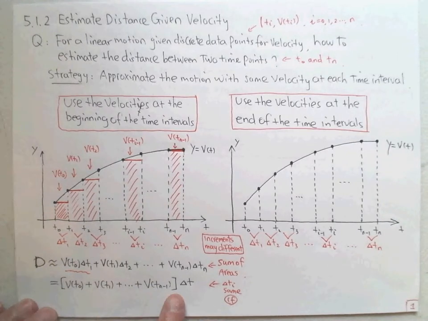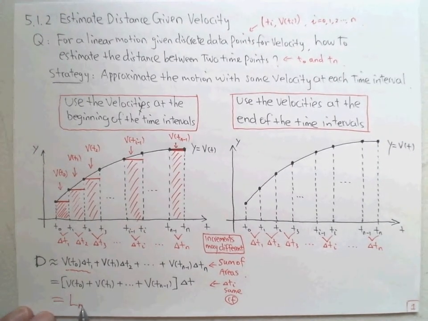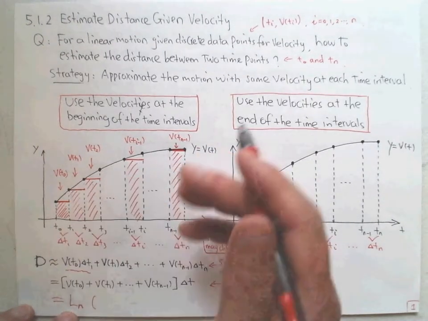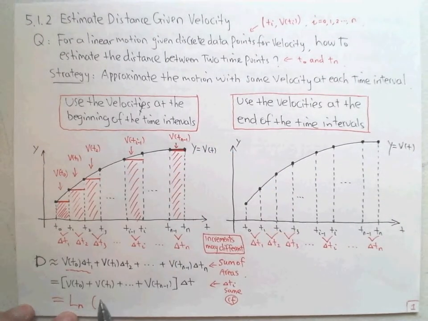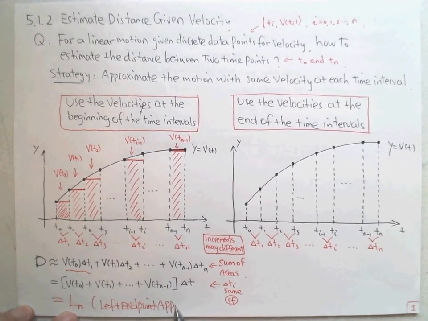So everyone look at this. Okay, so that's exactly the formula for what? It is the formula of L_n, right? This is exactly L_n. It means L_n is to approximate the area under the curve, right? So this is the left endpoint approximation of the area.